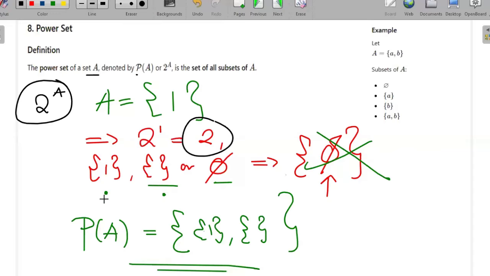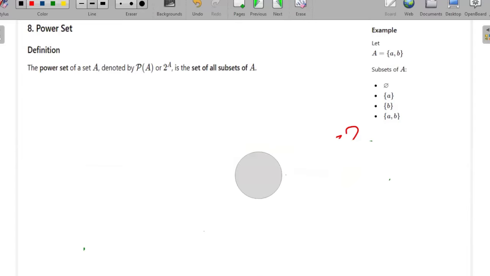It's going to have two. Then we list those subsets, and we put them within a set. That's what we call the power set. I hope you've understood this. I was also giving an example here. I was saying let A have a and b. Maybe we should go over it, so I can erase this. So A has a and b.